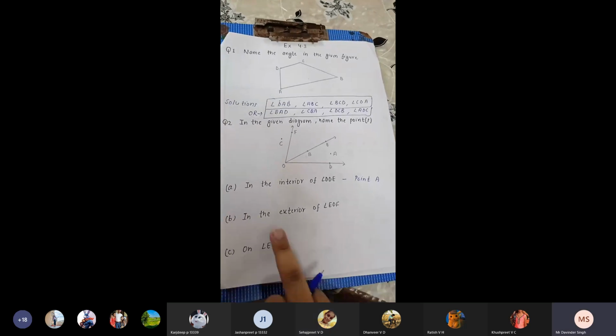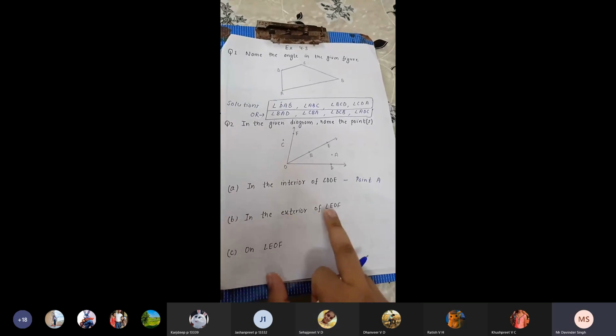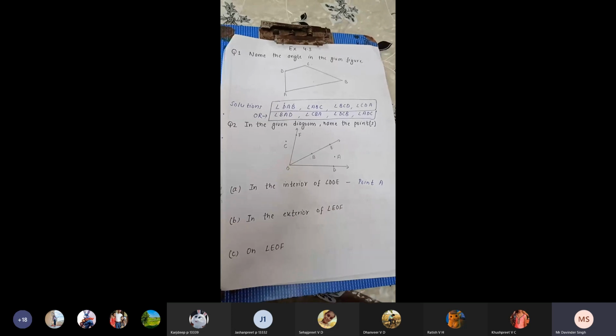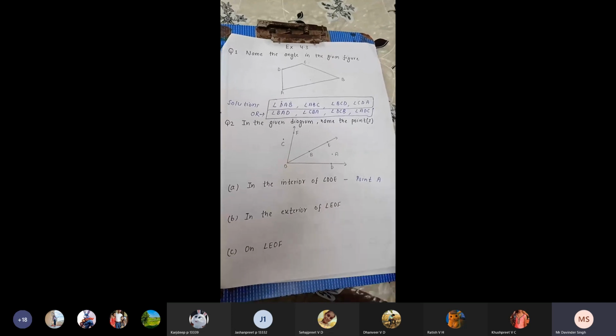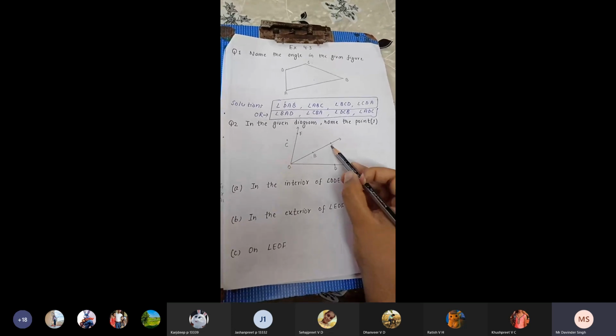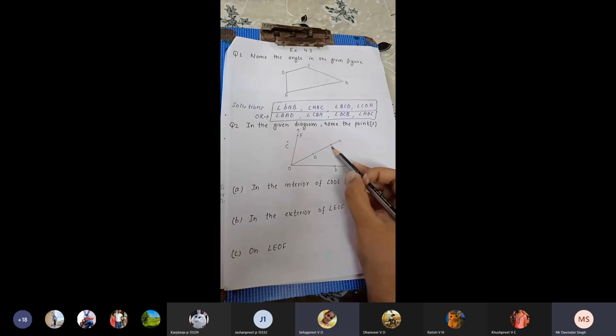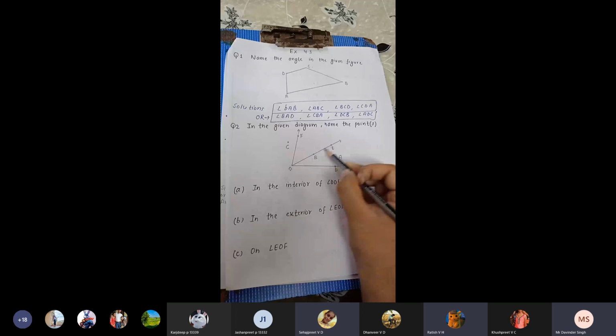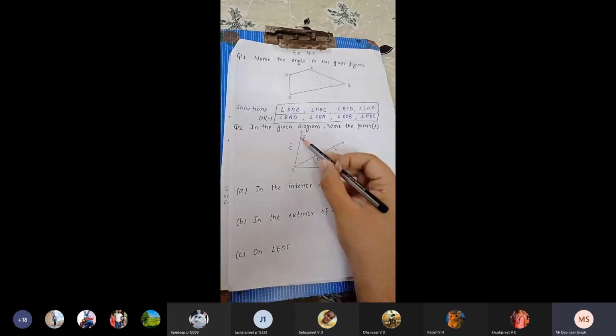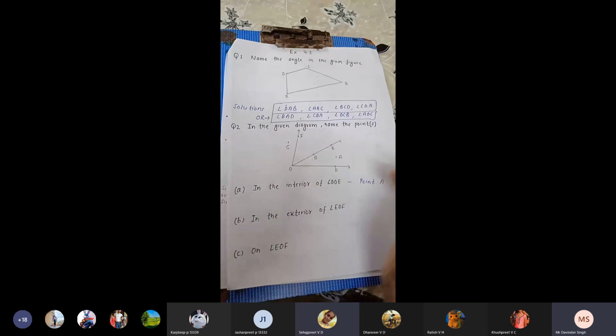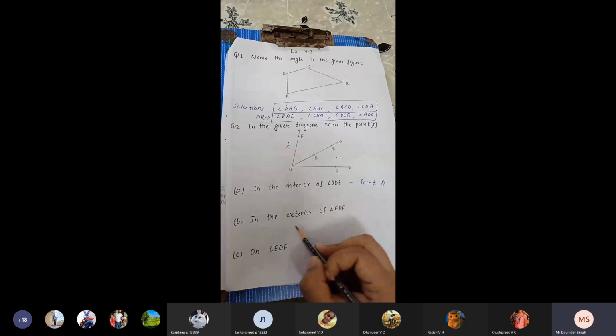Now the next is in the exterior of angle EOF. Now where is E? Okay, so here is EOF. You can see EOF. Now here it is talking about this angle, and now we have to tell the points that are exterior.